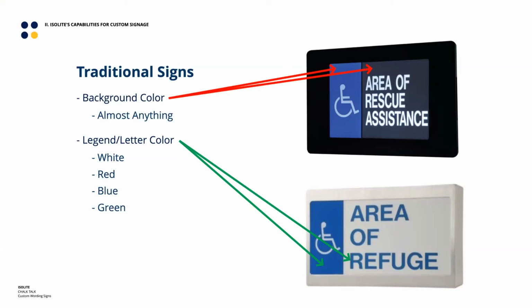And then the legend color is kind of the same thing, white, red, blue, green. And you can see, like on the bottom right sign, that's either a blue background with white text or a white background with blue text, depending on which would get illuminated. I think that's actually a white text with blue background. So you're going to see when it's on the white area illuminated, which is the background of area of refuge, and then wheelchair man.